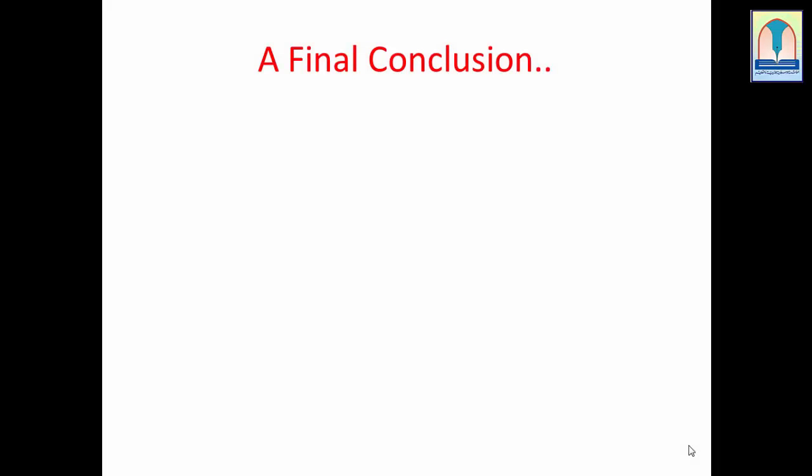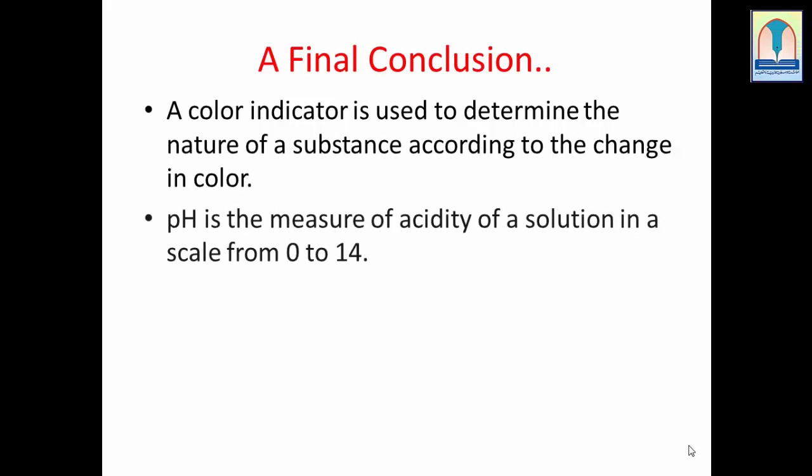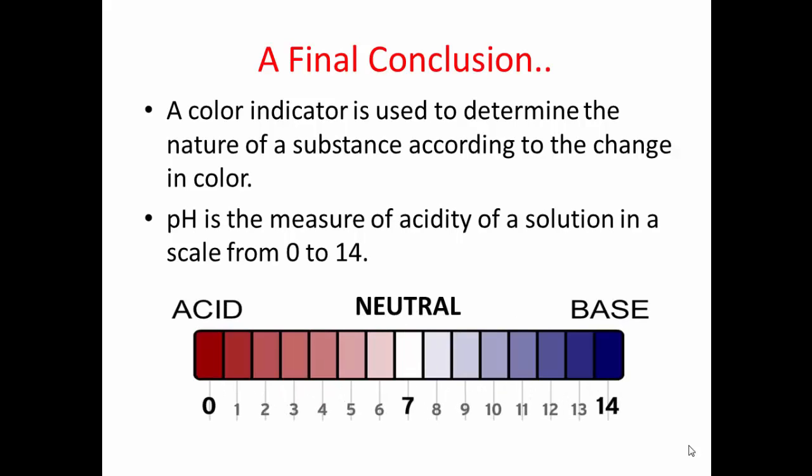A final conclusion. A color indicator is used to determine the nature of a substance, whether it is an acid or base, according to the change in color. pH is the measure of acidity of a solution in a scale from 0 till 14. So when the pH is less than 7, the substance is said to be acidic. When it's greater than 7, it's said to be basic.